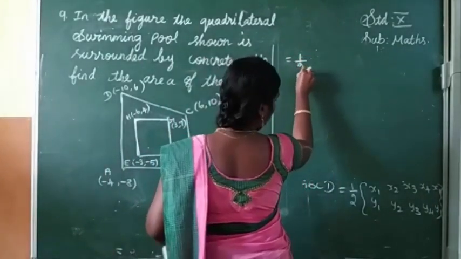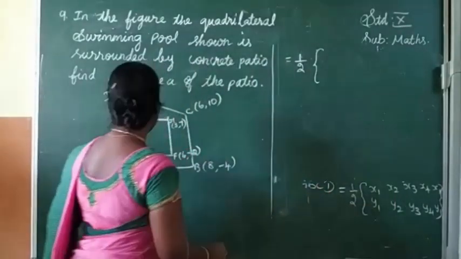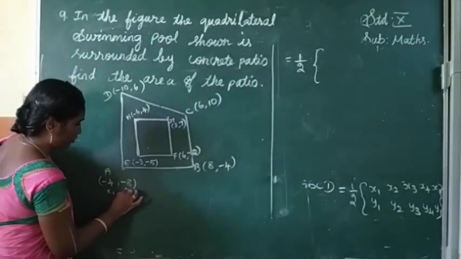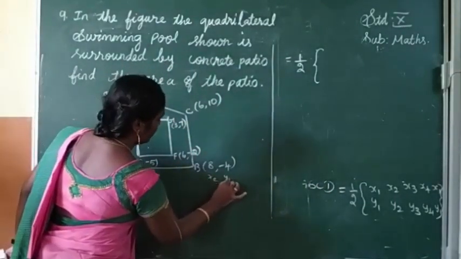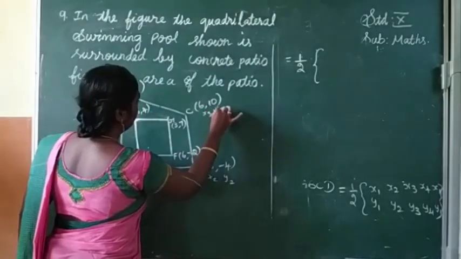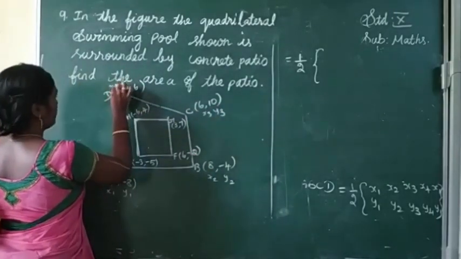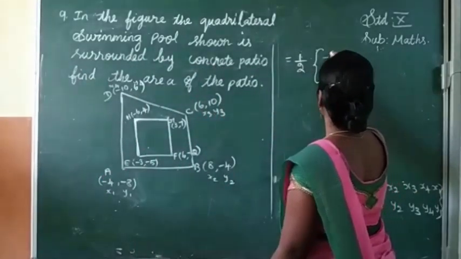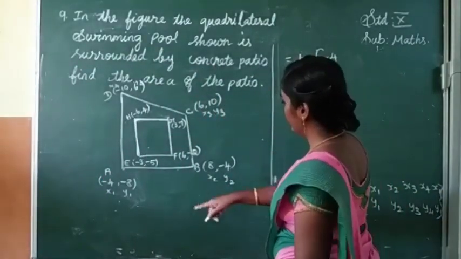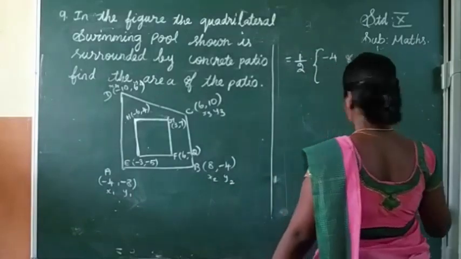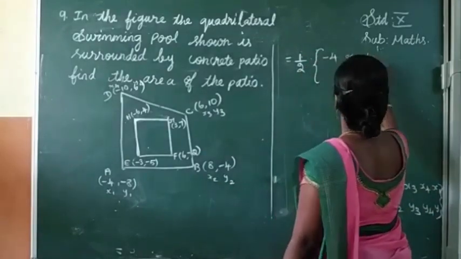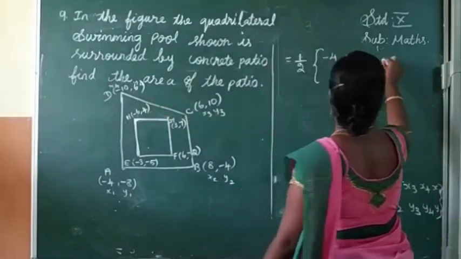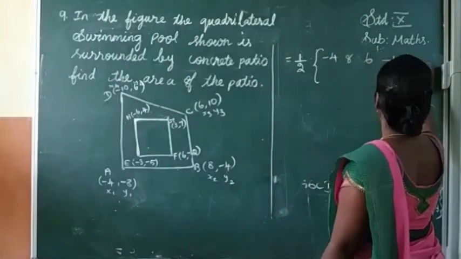That is equal to half into C A B C B. So take A is x1 y1, B is x2 y2, then C is x3 y3, and D is x4 y4. Then substitute the value. X1 value is -4, then x2 value is 8, then x3 value is 6, then x4 value is -10, again x1 value is -4.